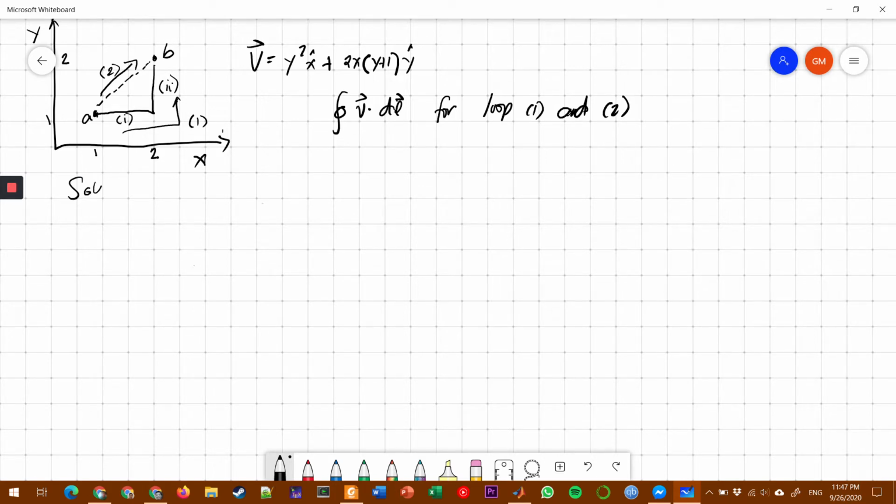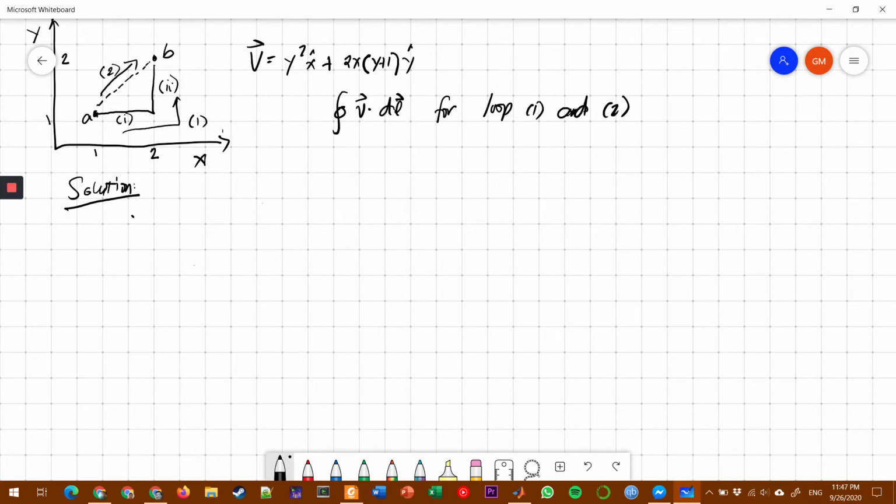Now let's solve this one. So for the solution, the solution for this one, we first want to identify what is the dl, your infinitesimal displacement.